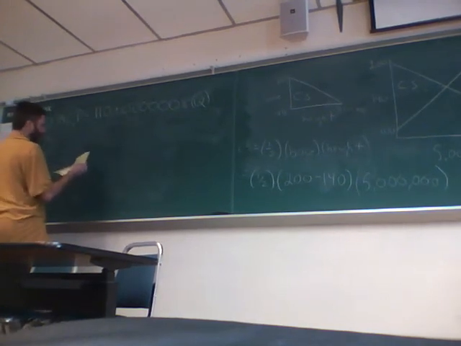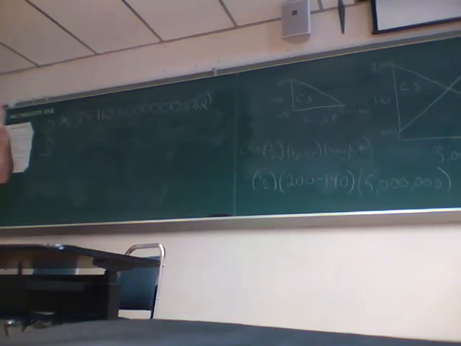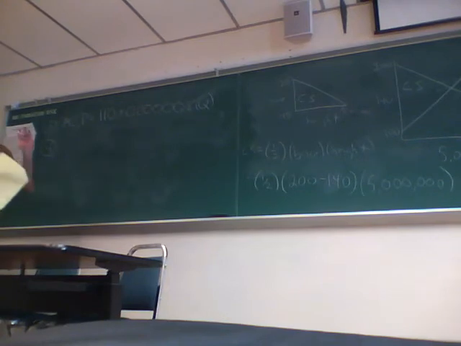And then number 4, redoing everything, equilibrium price, quantity, consumer surplus, producer surplus, with just the new supply curve. Everything else is the same.